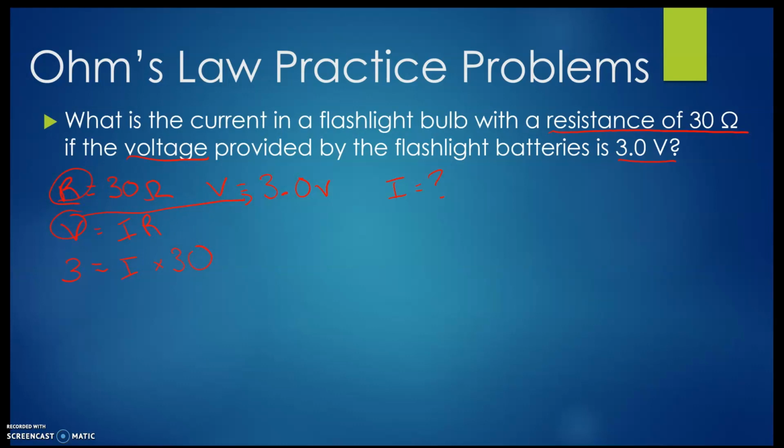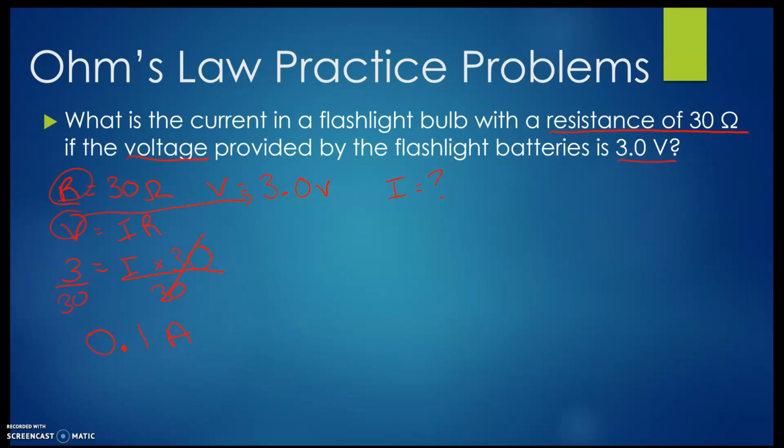Now, in this case, you're going to have to go ahead and solve for I, which is just like solving for X. In order to get I on one side by itself, you would simply divide both sides by 30. Okay, this side's going to cancel out, leaving I by itself. When you do 3 divided by 30, you get 0.1 amps. That's going to be your current.